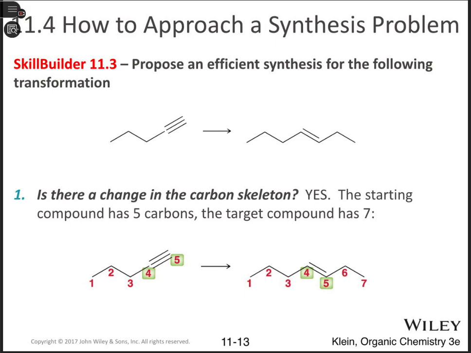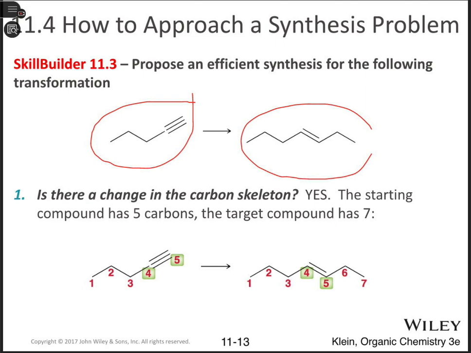And so, for example, if you look at this molecule, how many carbons on the reactant? 5, okay. Product? 7. So clearly, I would say the number of carbons changed. So that's one.